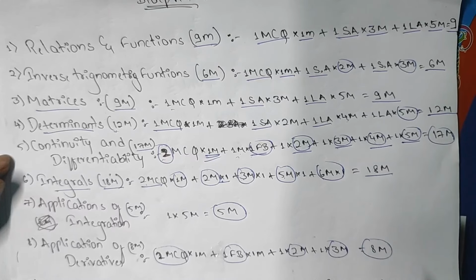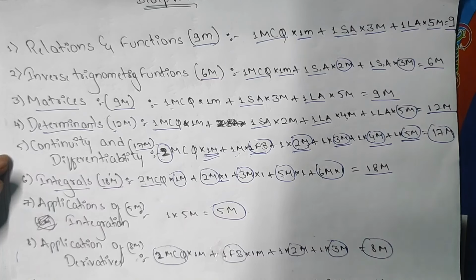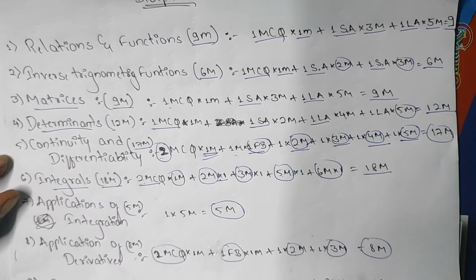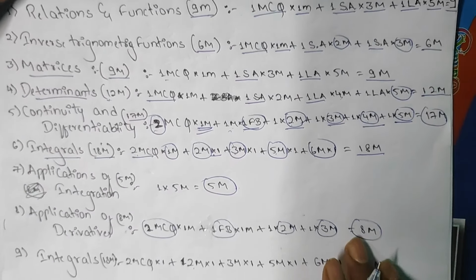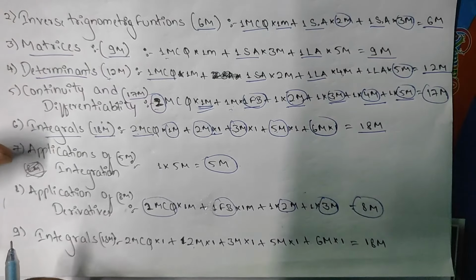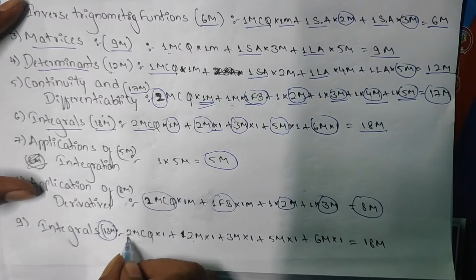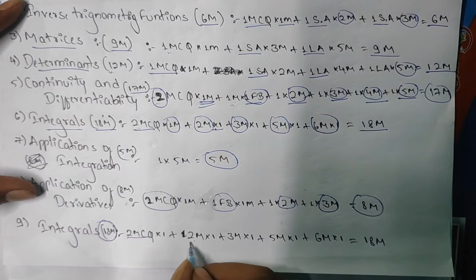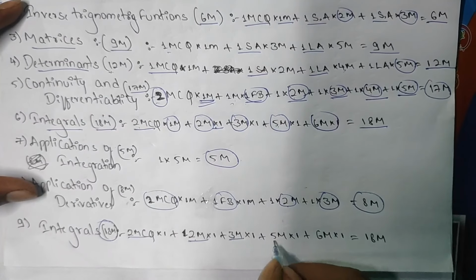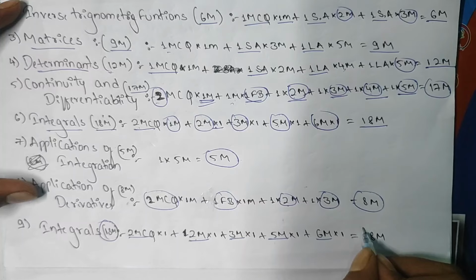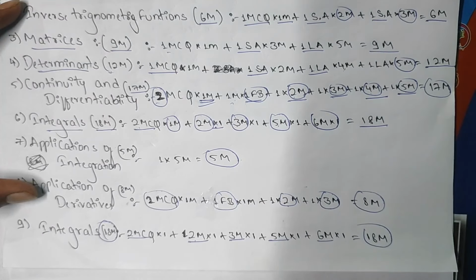The total of this chapter consists of 8 marks. And the next chapter will be integration, consisting of 18 marks, which will have 2 MCQs, one 2 mark question, one 3 mark question, one 5 mark question and one 6 mark question. Here we'll have 18 marks.